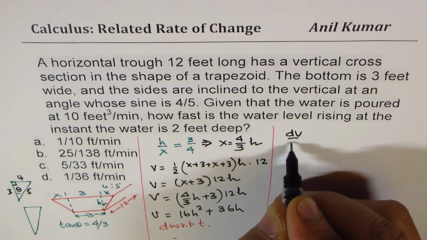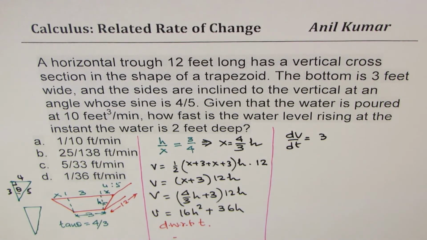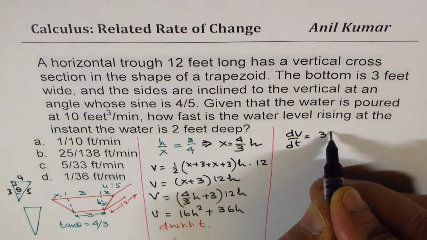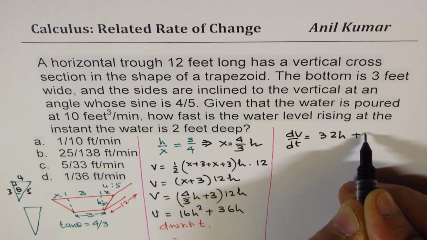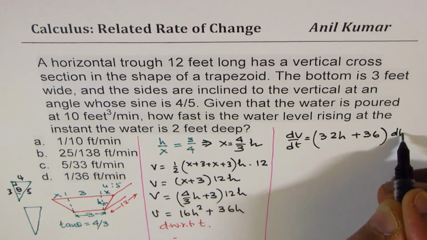So we can now get dV/dt as equal to, the derivative is 32h plus 36, times dh/dt, right?